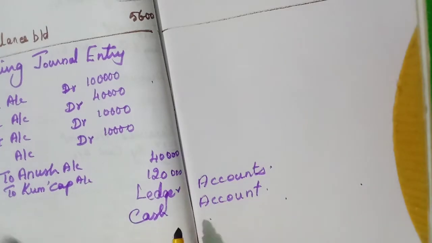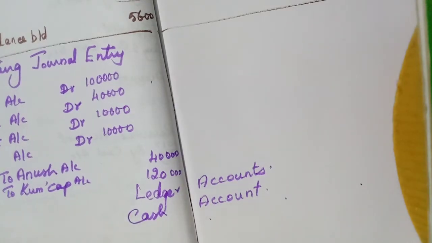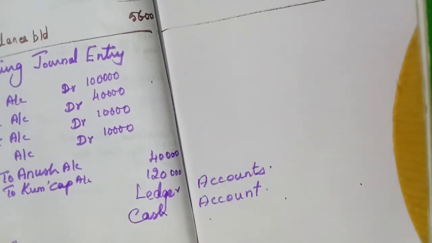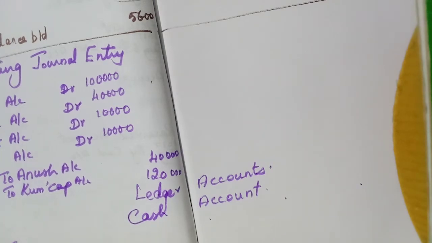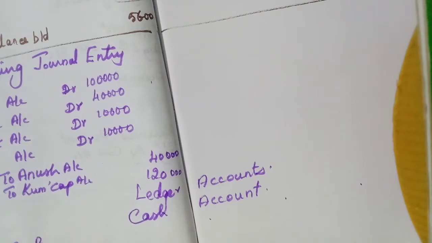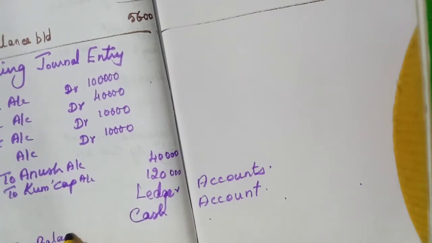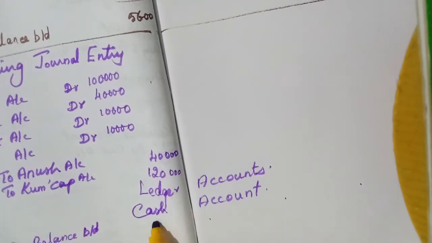So first one, cash account. Data 1 lakh. So cash debit. Date: 2017 April 1. Opening, so to balance brought down, 1 lakh.